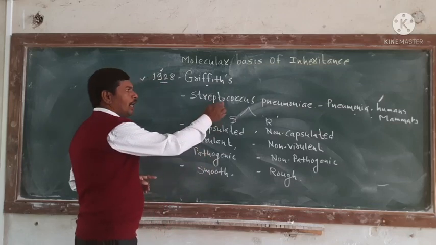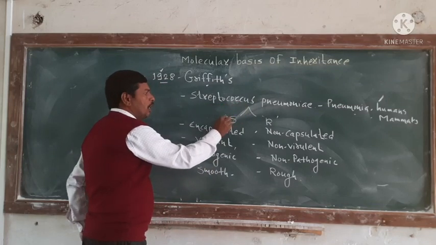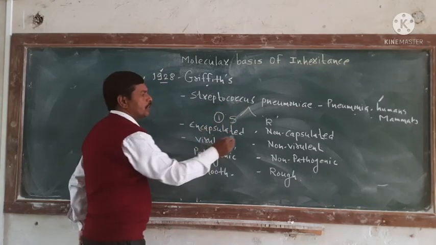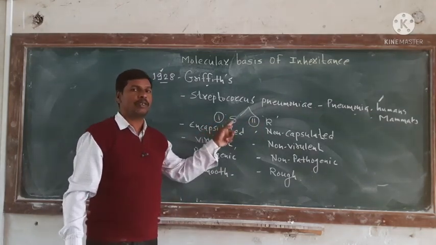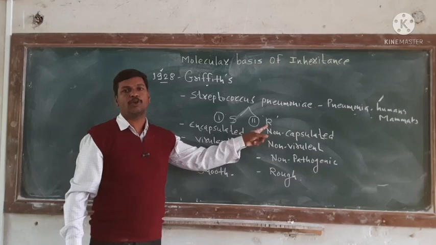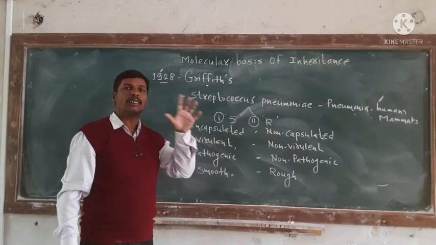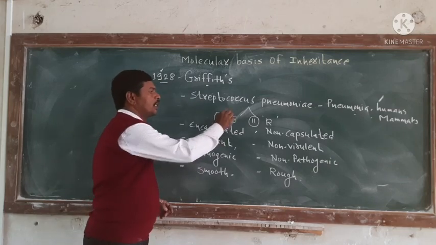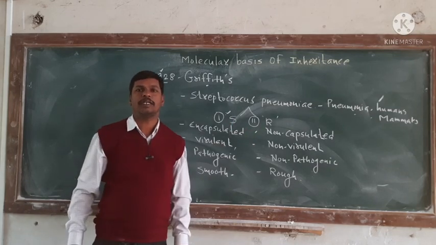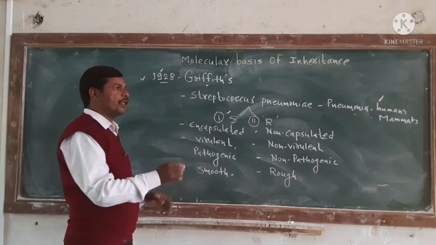Now, Streptococcus pneumoniae again has two specific strains. The first is the S strain and the second is R. Then the question is, what are the salient features, the general characteristics, of the S type bacteria and the R type bacteria? We compare both.